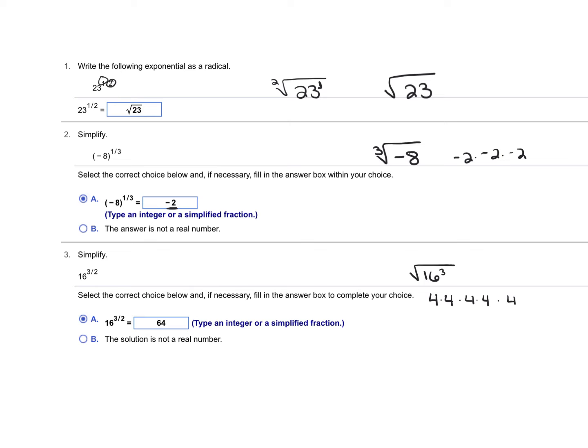And I've got 3 sets of 4 times 4. So I've got 4 to the 3rd power on the outside. 4 to the 3rd power is 64. And I should really have this under that square root sign.